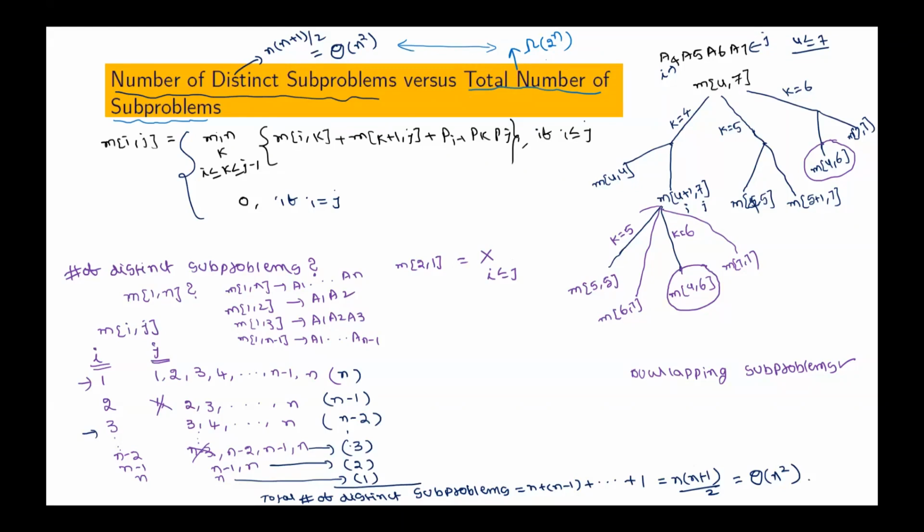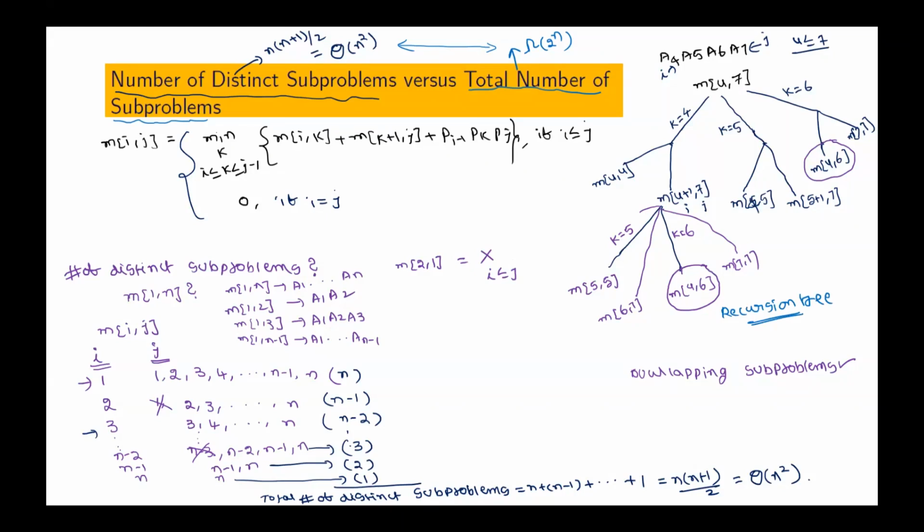That means we are repeatedly solving the same subproblem again and again. If you draw a recursion tree for some instance, we can see that there are overlapping subproblems. Now what is our goal?